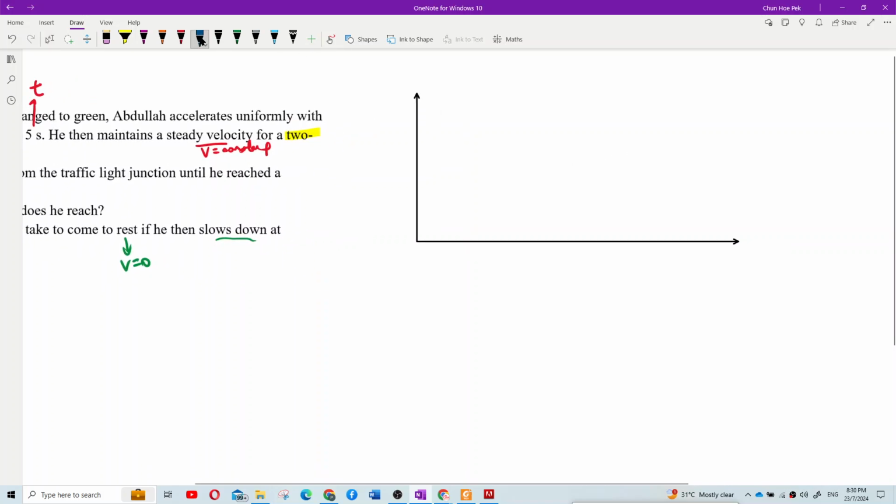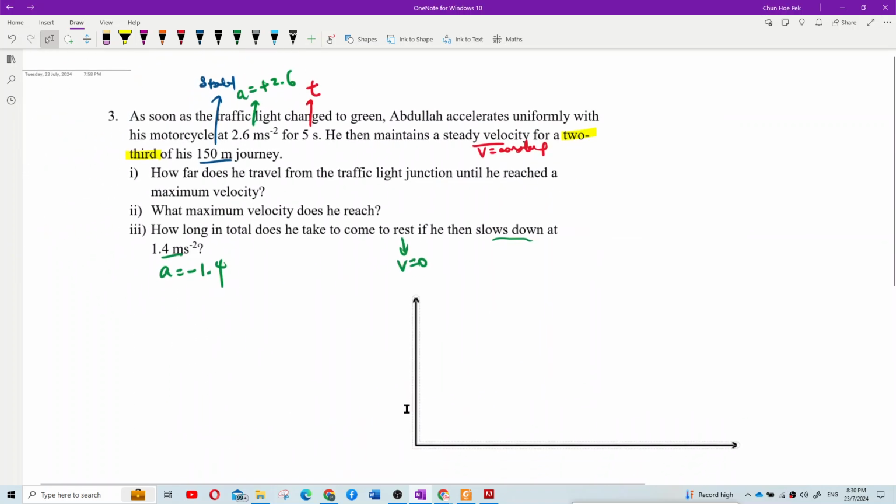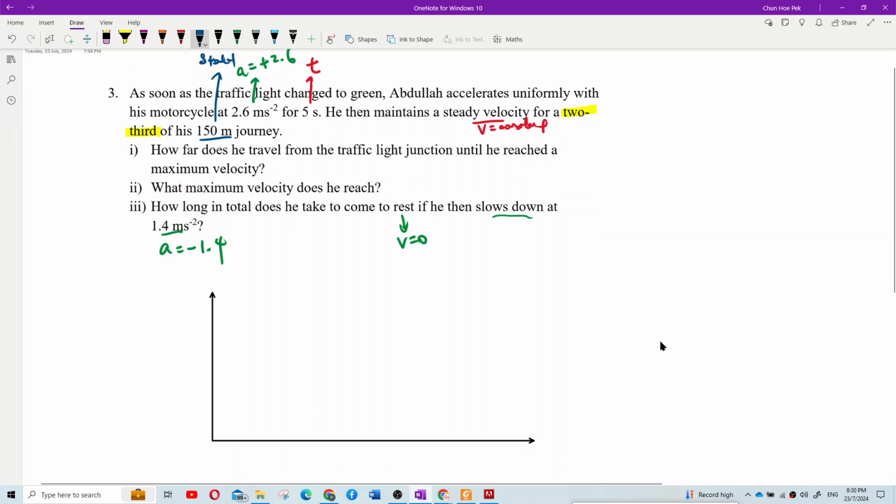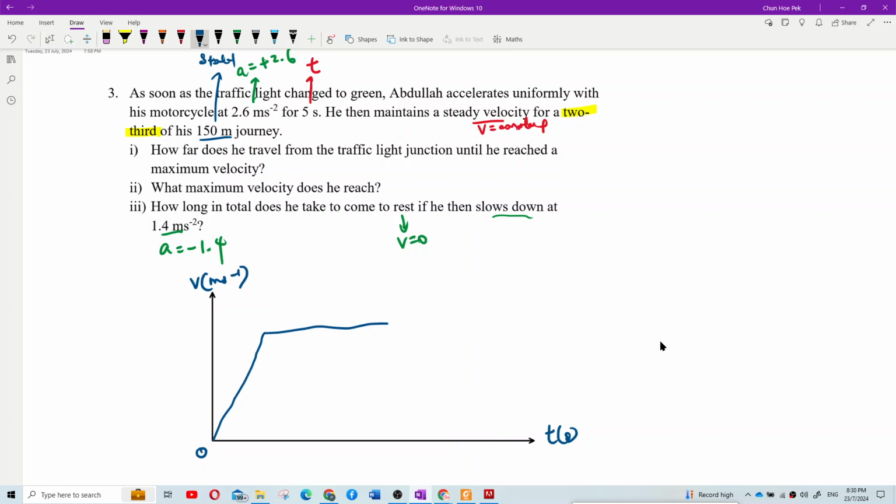So it travels like that, then like that, constant velocity and then slows down. That's it.